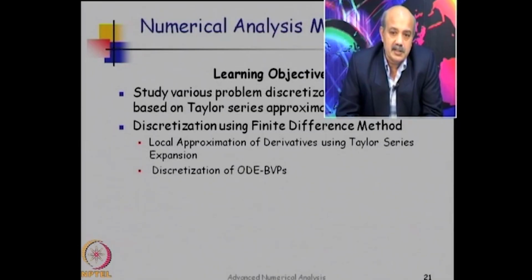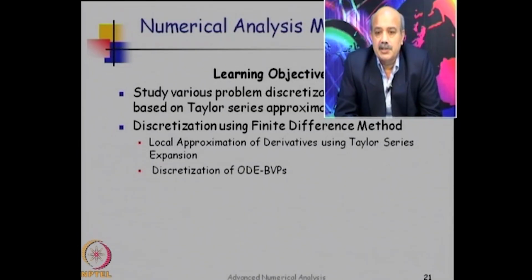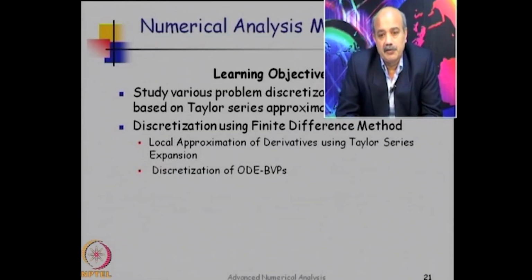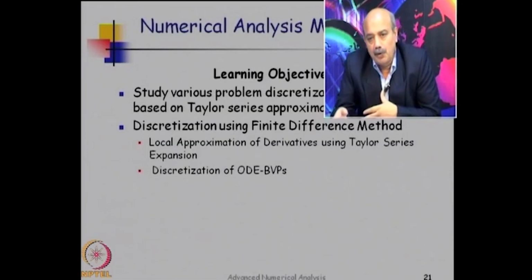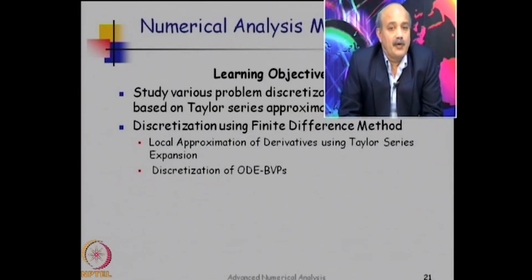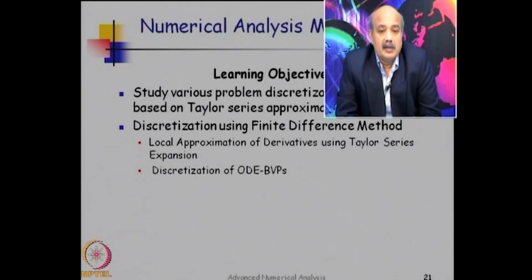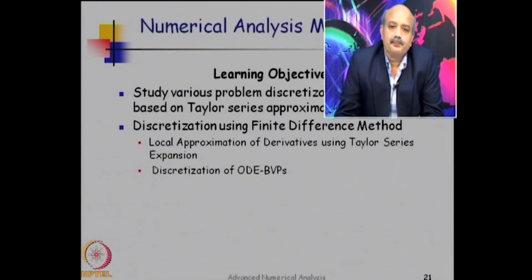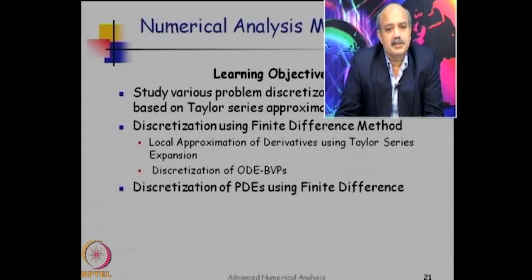The method of finite difference is used for discretization of ordinary differential equations, boundary value problems, ODE BVP. They get transformed into a set of algebraic equations. This method is also used for transforming partial differential equations into a set of algebraic equations.